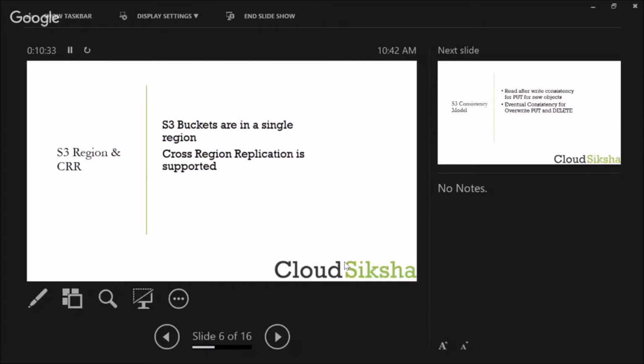In other words, all the objects need to be replicated. So for this, cross-region replication is supported by S3. Whenever you're talking about disaster recovery or any such thing, you look at cross-region replication. If such a question comes up in the exam, look out for cross-region replication.